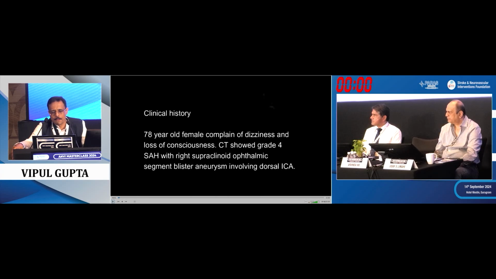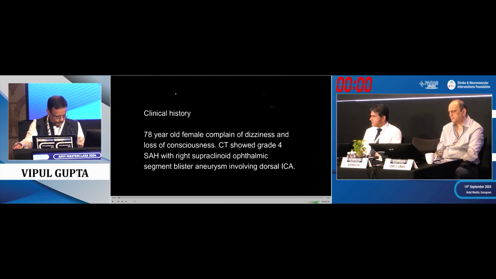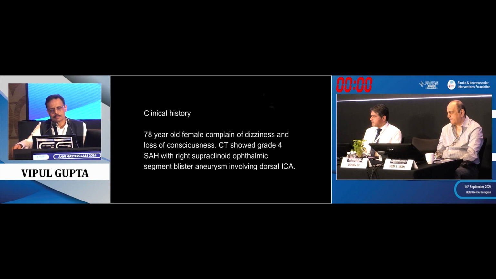Yeah, Tufel. So, if it's a blister aneurysm, I usually, if I can, try to get a coil, and sometimes it's impossible. But if I can't get a coil in the ICA, I will always put another flow diverter in. I can show you a couple of cases where I had a rebleed, where I had put only one flow diverter in a blister aneurysm, and it bled 3 months down the line.